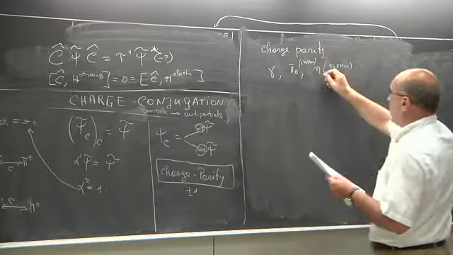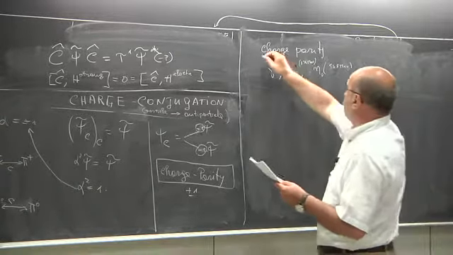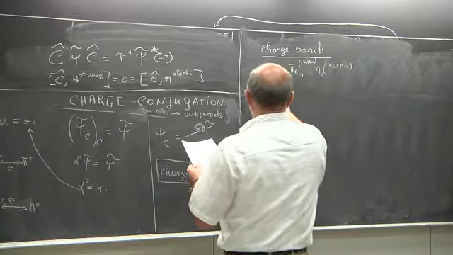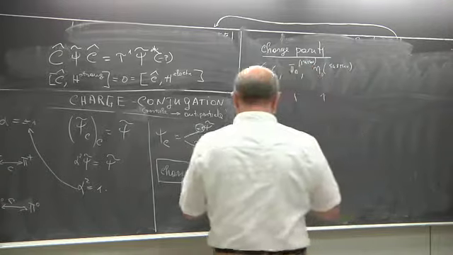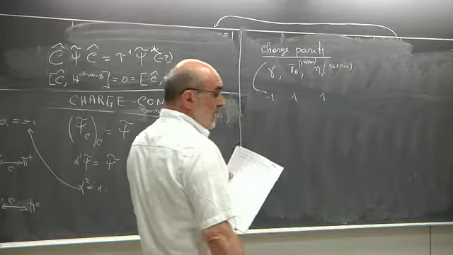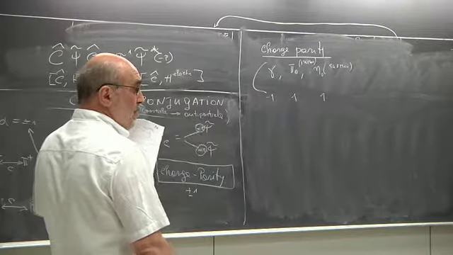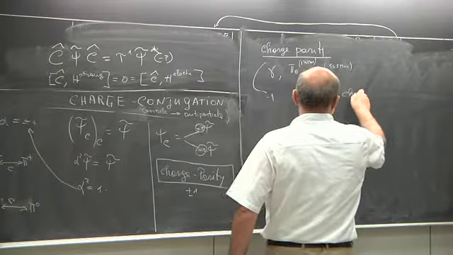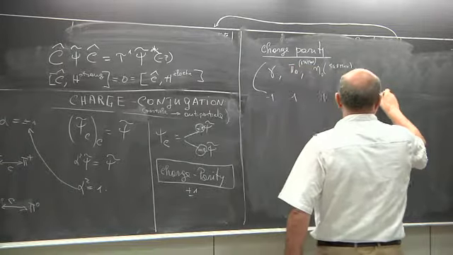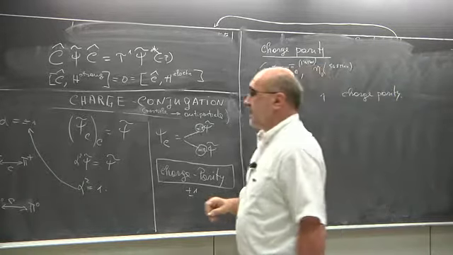They are all three charge neutral particles. Now the charge parity is -1 for the photon, 1 and 1 for the others. So usually you give an assignment of numbers. This is the charge parity. Let's see if this is consistent with what we said before.